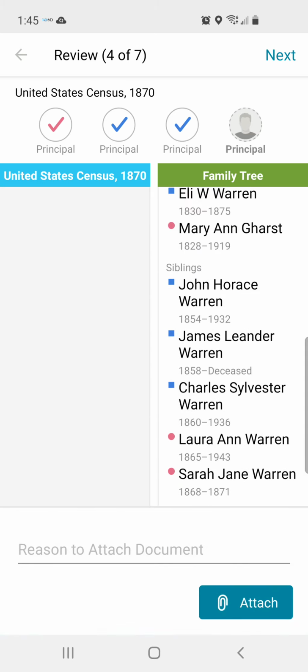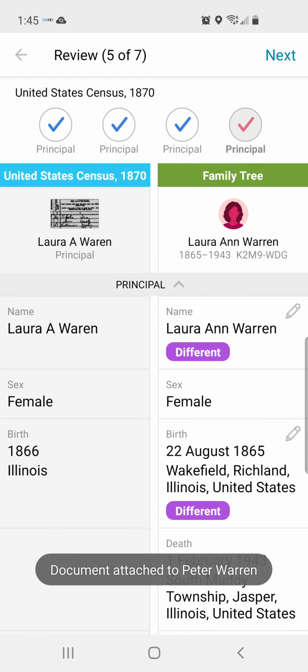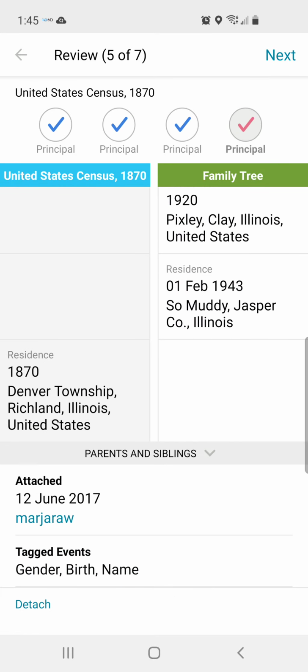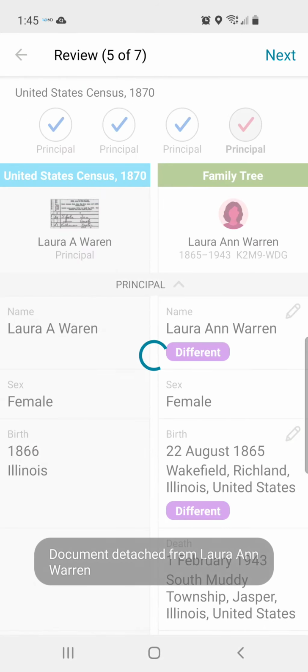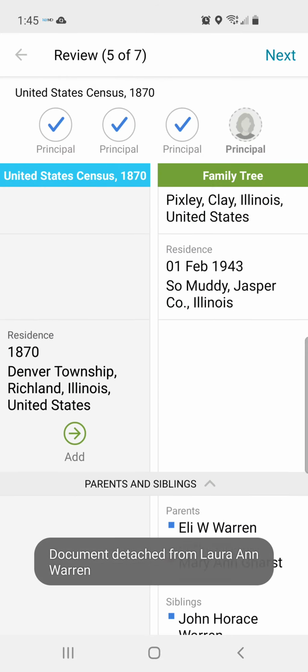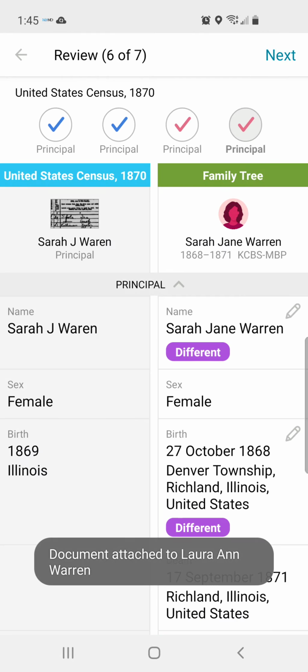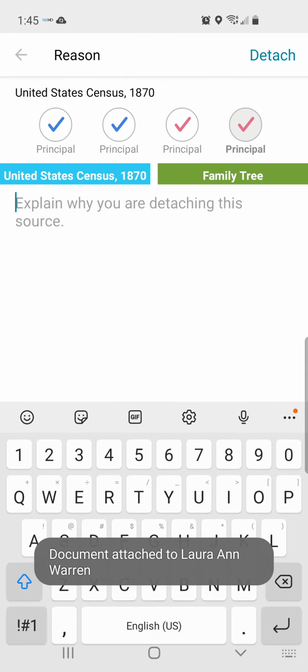And so I'm going through this family and I'm attaching it. I'm doing the same thing with every person because Marjara did this in 2017 and it makes me mad. And again, yes, is it icky picky? Arguably, but it's correct. And that's the point.